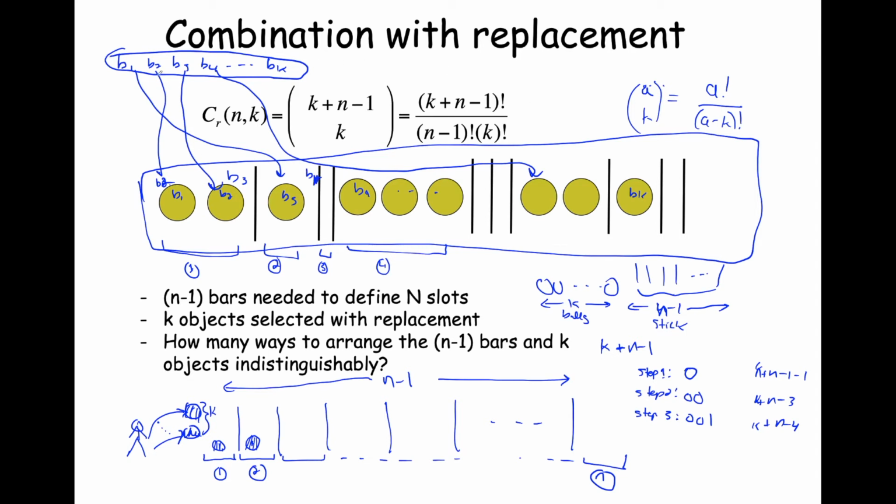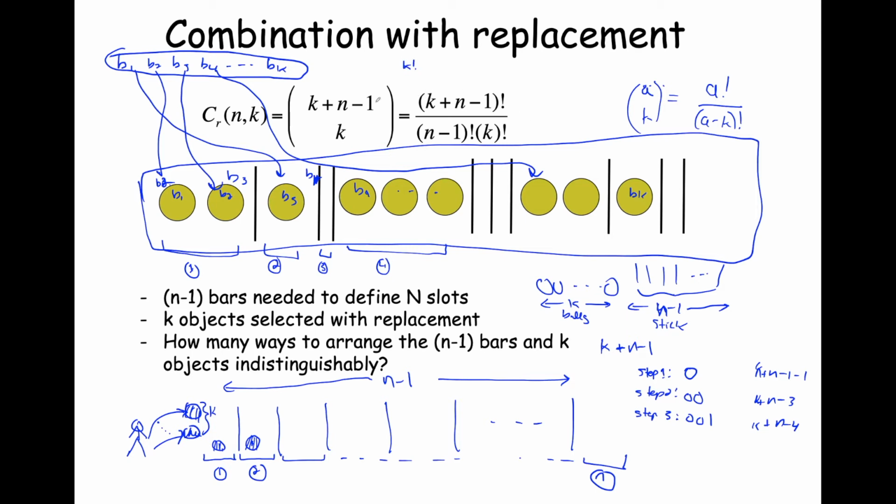So in how many ways can I arrange my balls? Since I'm not distinguishing the arrangement of the balls that I place in each, 2 of them here, 1 of them here, 3 of them there, I have k factorial of them.